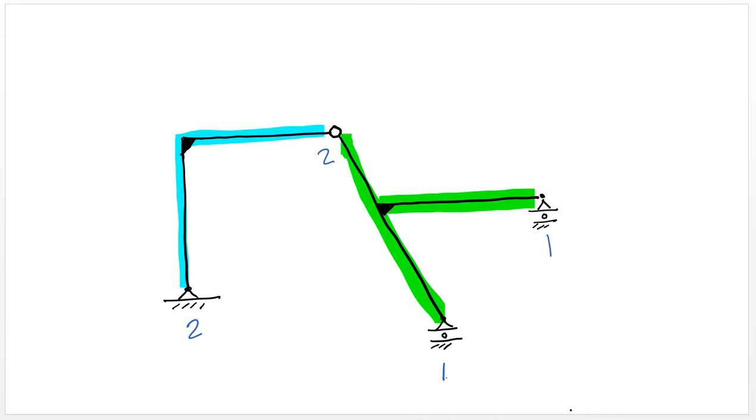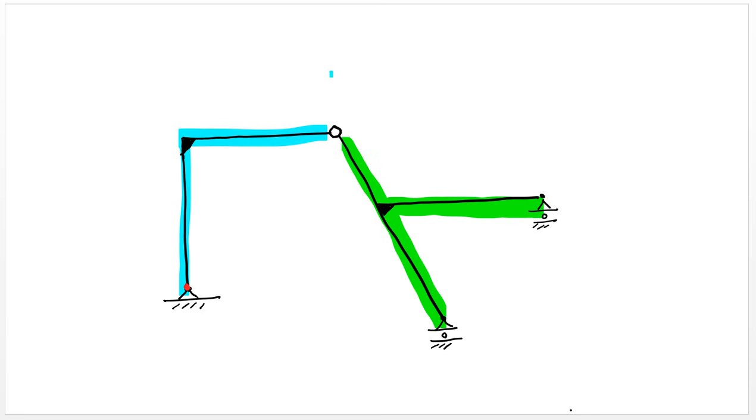The question is whether the structure is stable in the sense that are the constraints placed correctly to prevent the structure from moving, at least in a first order analysis. So if we look at this structure here, we have 2 solids. I've colored them in blue and green.